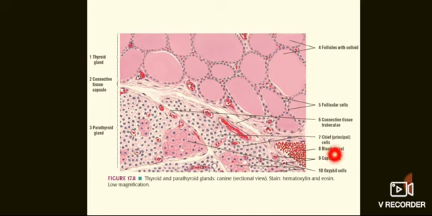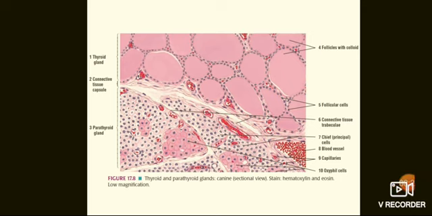while the second type of cell, the oxyphil cells, are larger. They are less in number, and they appear singly or in small groups, and they have deeply eosinophilic cytoplasm because of a large number of mitochondria. These oxyphil cells do not show secretory vesicles, so they do not secrete any hormone.